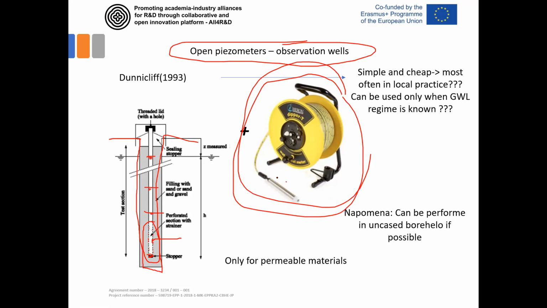So we have this probe that is connected with the readout unit at the bottom by this measuring tape. And we can measure at what depth this probe reaches the water. When this probe reaches the water surface, it sends us a light and sound signal to the readout unit, and then we can see on the tape how deep the contact between the probe and the water is.